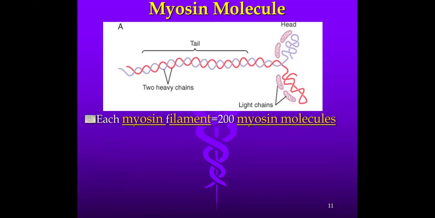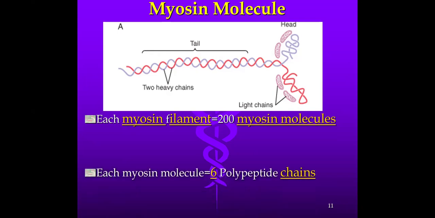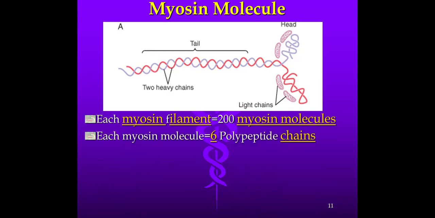Each myosin filament is made up of 200 myosin molecules. Remember this point: how many myosin molecules are present in each myosin filament? 200. Each myosin molecule is made up of six polypeptide chains, in which four are light and two are heavy.